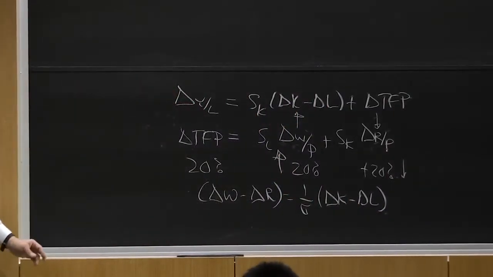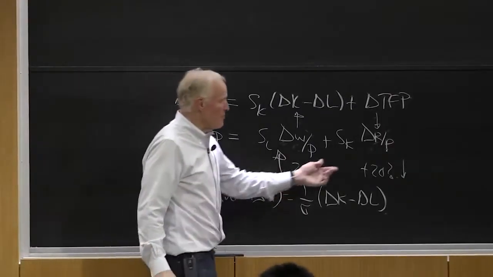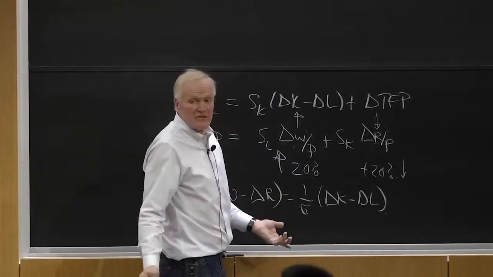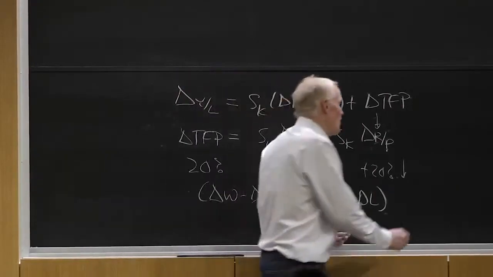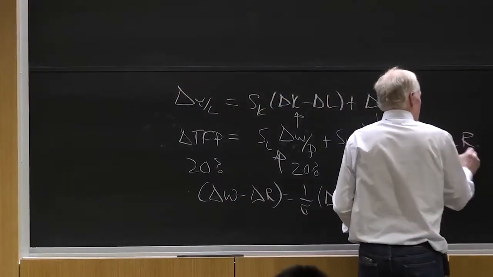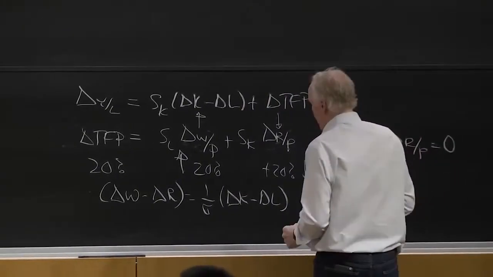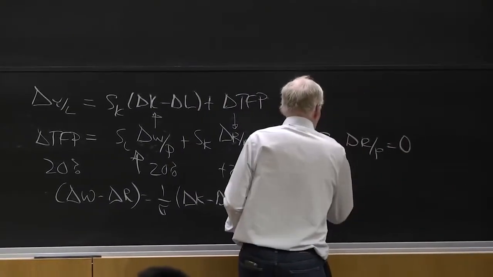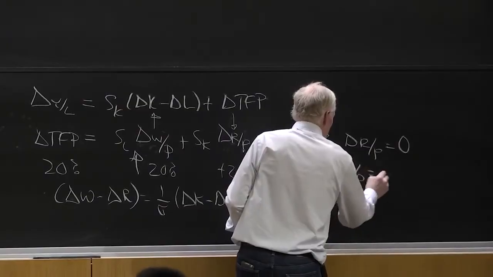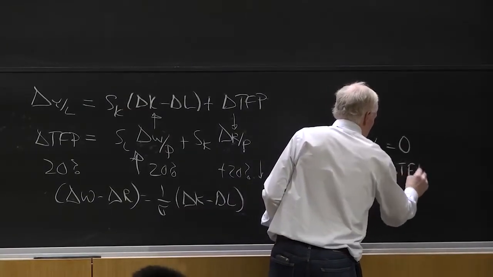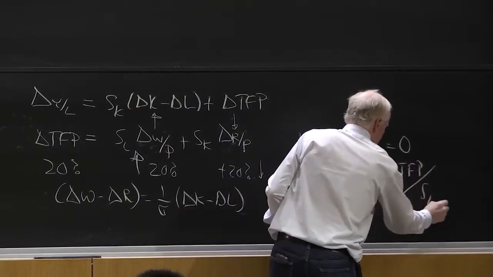And at the end of the day, in the neoclassical growth model, delta R over P is going to be 0 in the long run. Delta R over P equals 0. And if that's true, then delta W over P equals delta TFP divided by the share of labor.